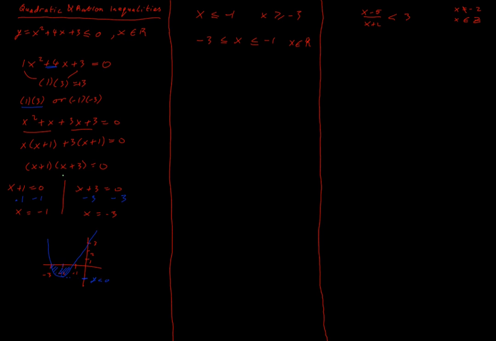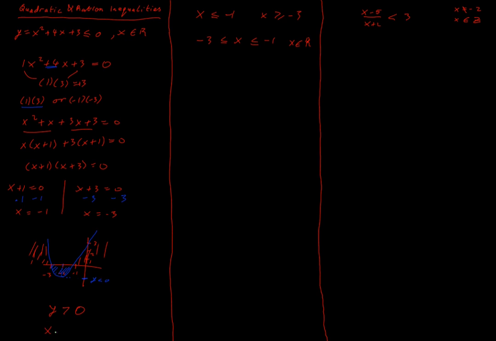And then you're going to use a sketch to figure out whether you are looking for the region in between your two roots or outside of your two roots. If we were asked in the question when is our quadratic greater than 0, then we would be dealing with this situation out here. All of these x values.